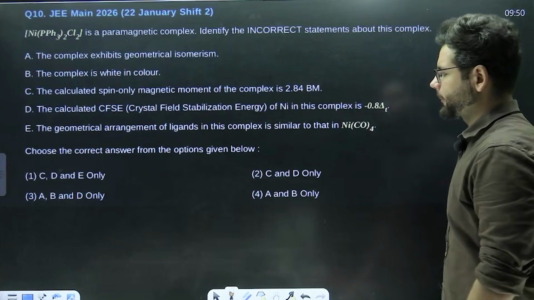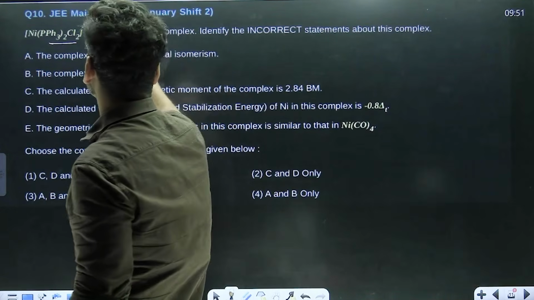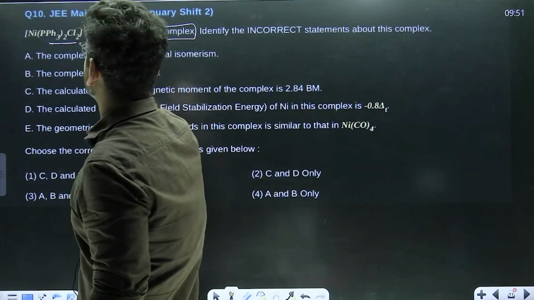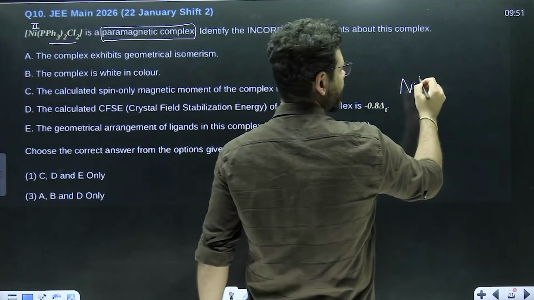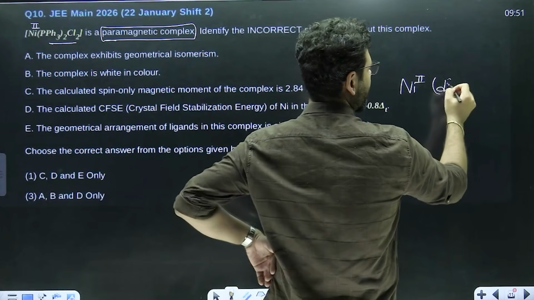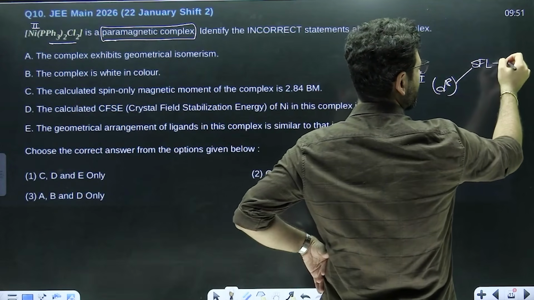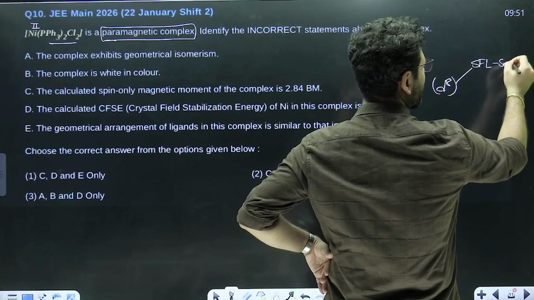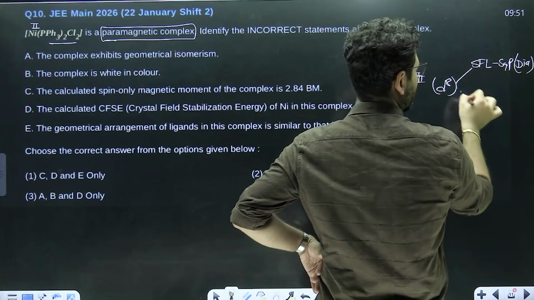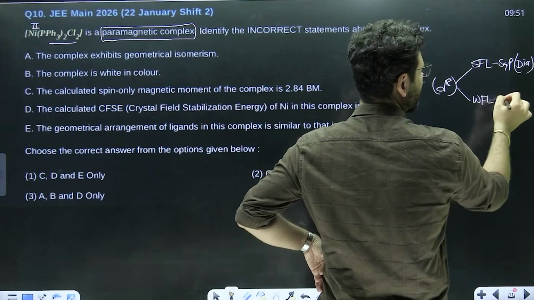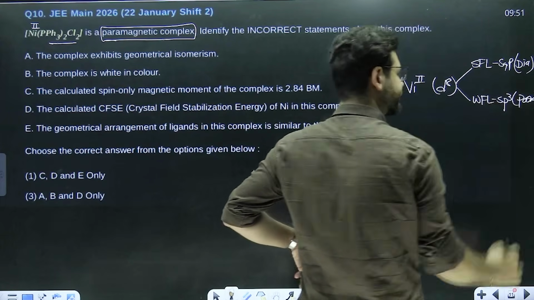Next one. Next question says, nickel with coordination number 4 is a paramagnetic complex. Nickel plus 2. We know that nickel plus 2 is D8. If strong field ligands are there, it will become square planar and diamagnetic. But if weak field ligands are there, it will go for sp3 tetrahedral, and it will remain paramagnetic.